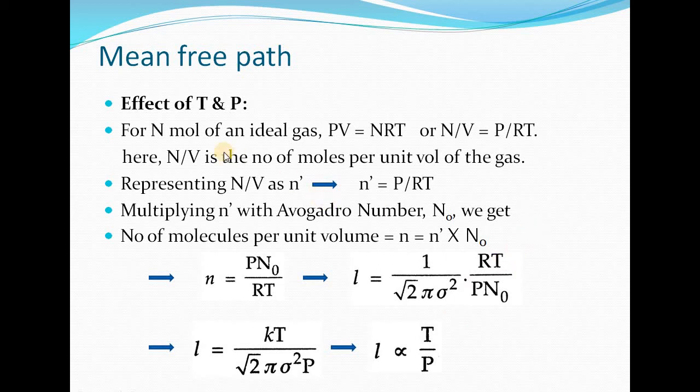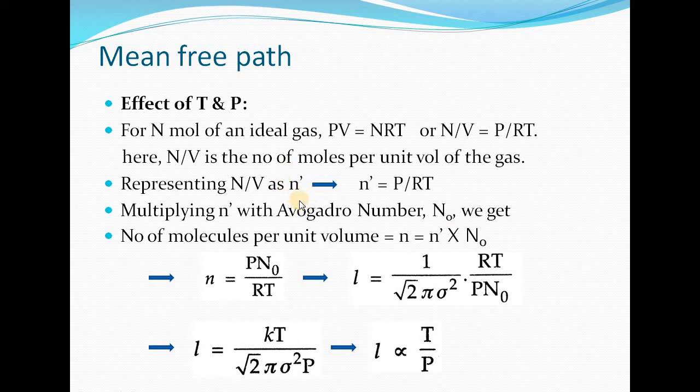Suppose n moles of an ideal gas are there, then PV will be equal to nRT. So n by V will be equal to P by RT, where n by V is the number of moles per unit volume of the gas. Now representing this n by V as n dash, we can write n dash is equal to P by RT, where n dash is the number of moles per unit volume of the gas.